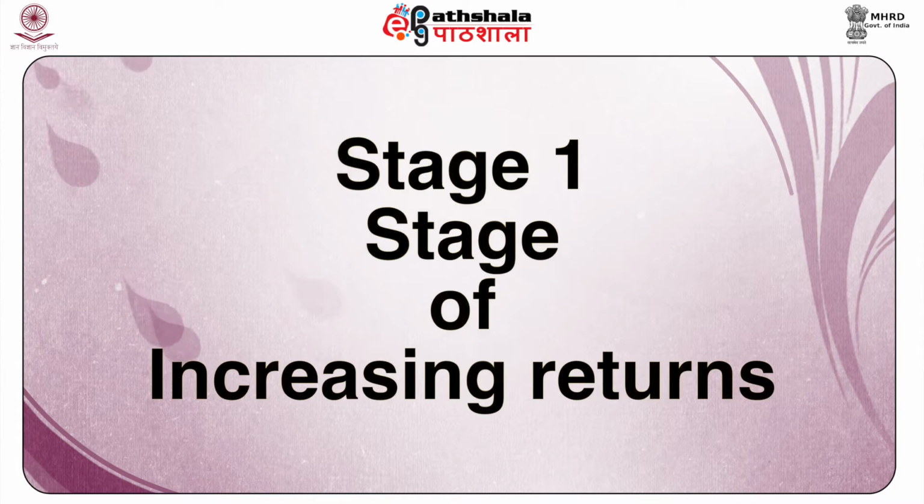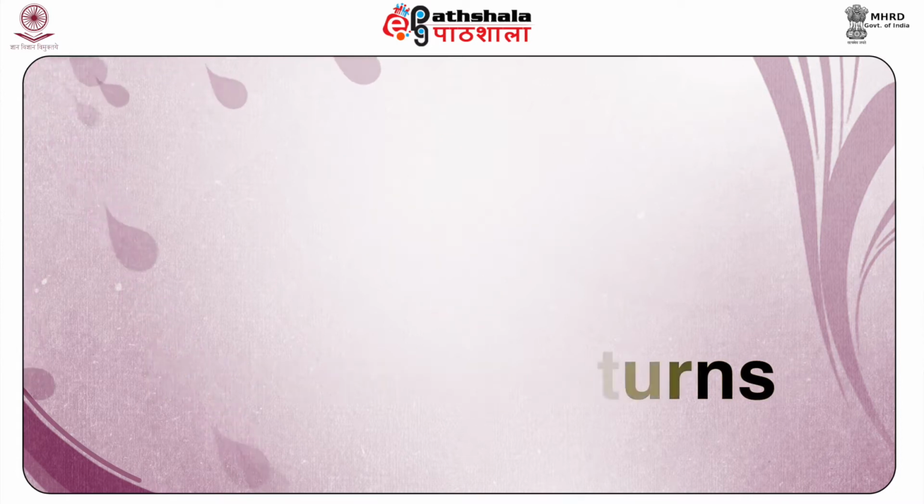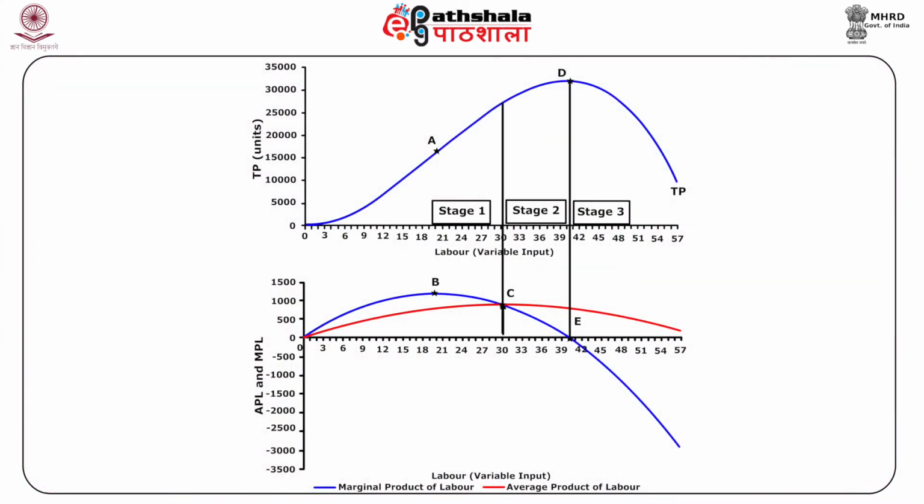Stage 1. Stage of increasing returns. In the above figure, it has been shown that in this stage, the total product curve, that is TP curve, increases at an increasing rate from the origin to point A. Or in other words, the slope of TP curve is increasing up to the point A. That is, TP curve is convex in shape.